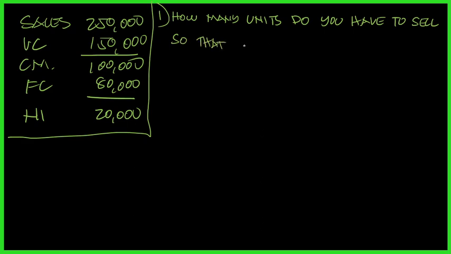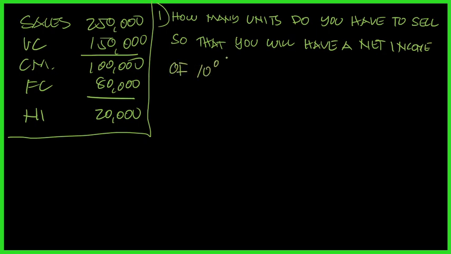Number 1. How many units do you have to sell so that you will have a net income of 10% of variable cost?